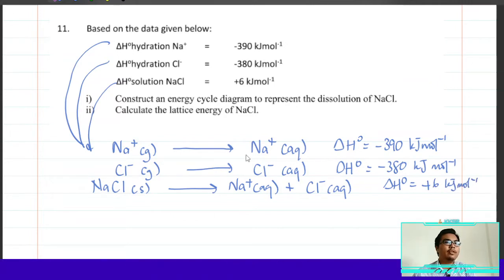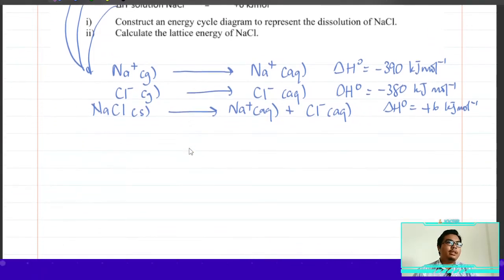Okay, so all of this kita akan cuba combinekan dorang untuk membentuk satu energy cycle diagram lah. Okay, so macam mana yang itu? Okay, so kita buat dulu target kita, which is this one. This is our target here.